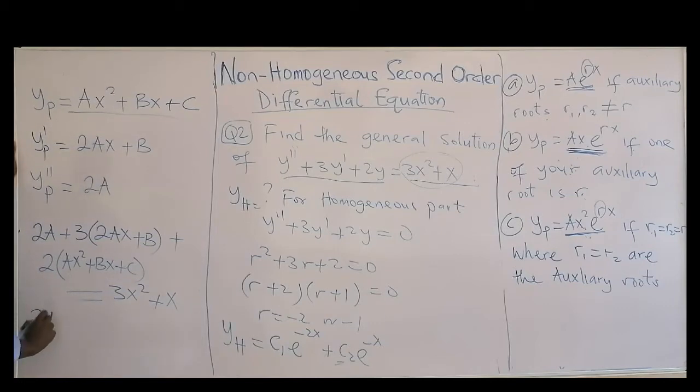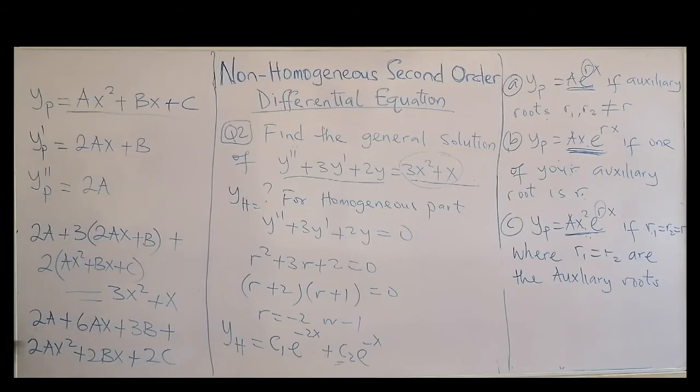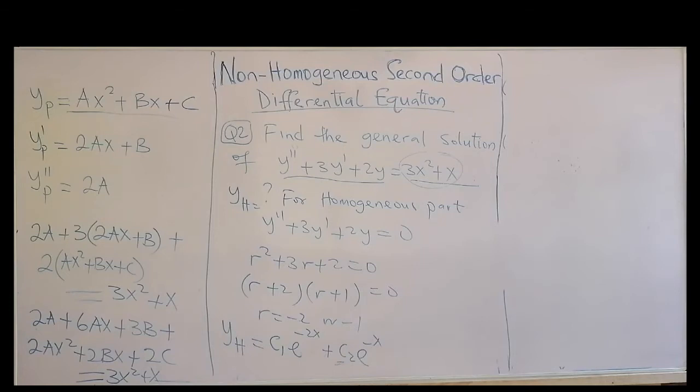This will be 2a plus 6ax plus 3b, plus this one also 2ax squared plus 2bx, then plus 2c, equal to 3x squared plus x. So let's begin to arrange it.